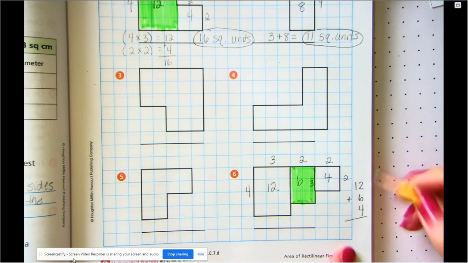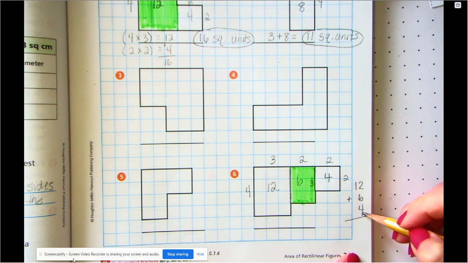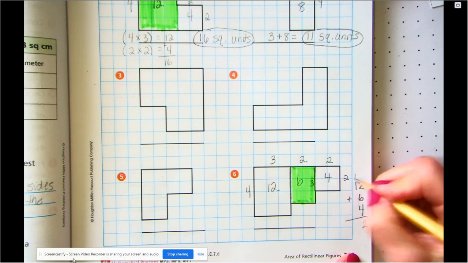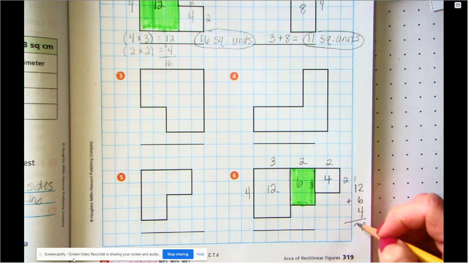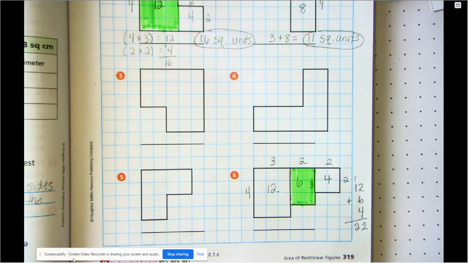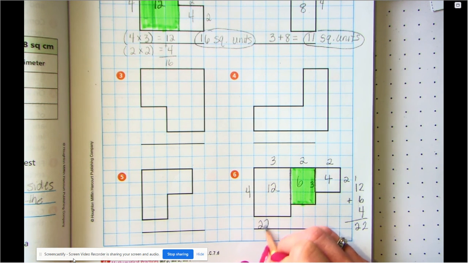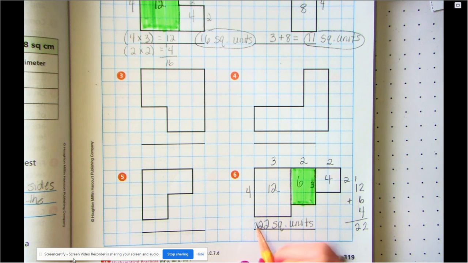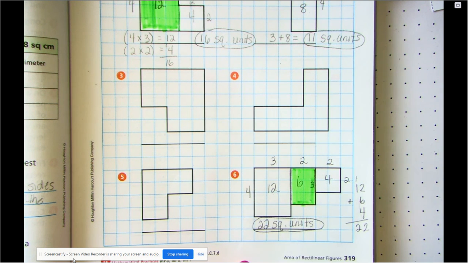I want to make sure my 1s are on top of each other and my 10s are on top of each other. Right here, this makes a 10, plus 2 more is 12. Now I've got 2 10s, so I've got 22 square units as the area of this crazy looking figure.